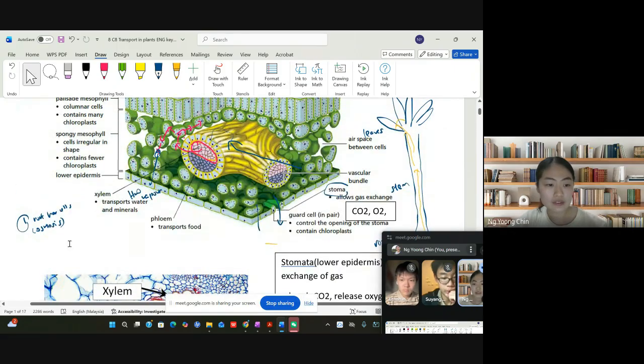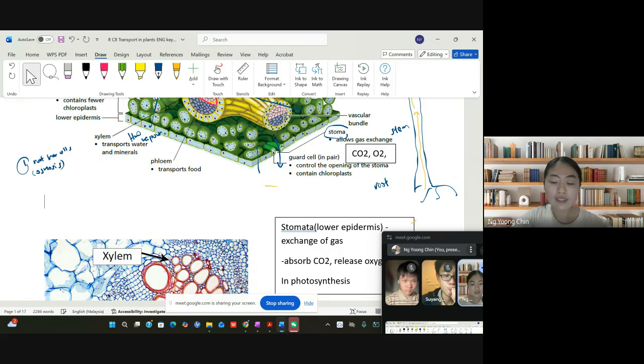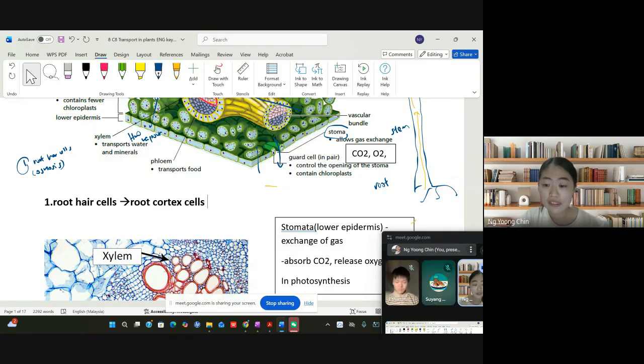So it is just this way. The transport of water initially is from the root hair cell. The root hair cell absorbs the water and mineral ions. From the root hair cell, they go to the root cortex cell. Later from the root cortex cell, they go to the xylem vessel in the root part.